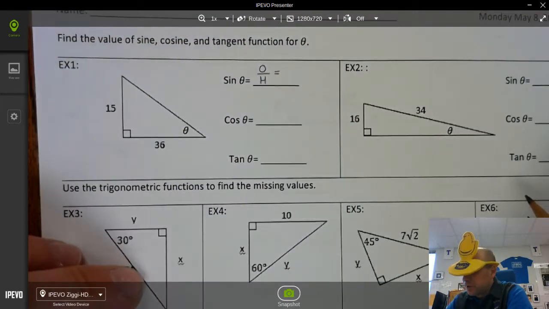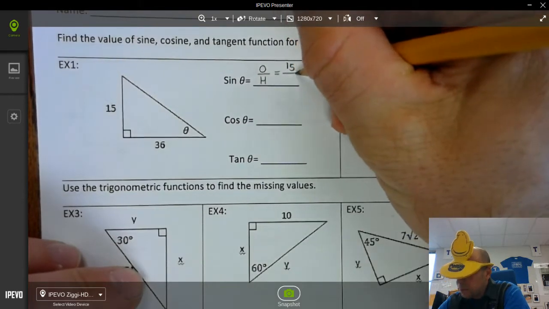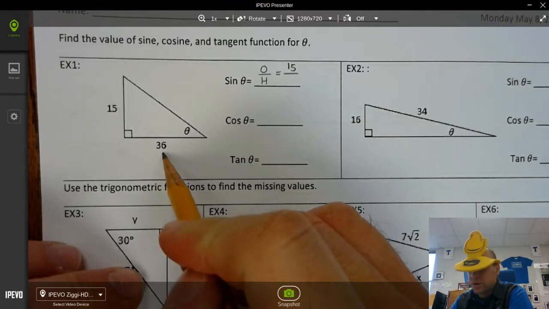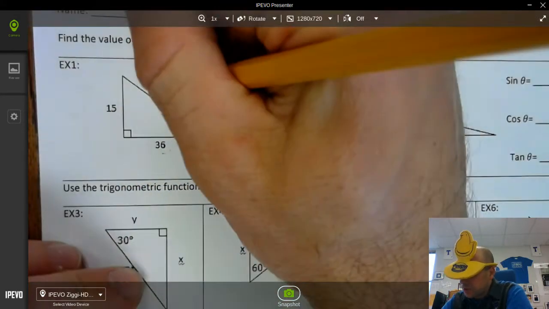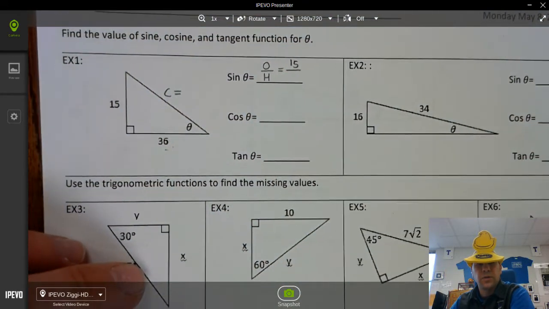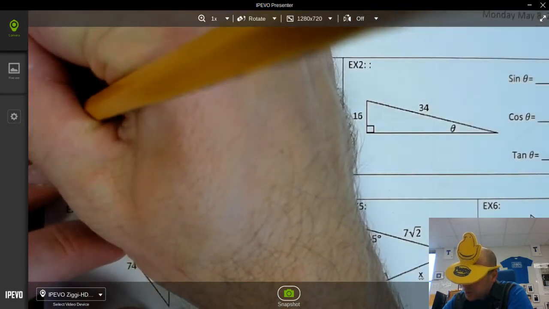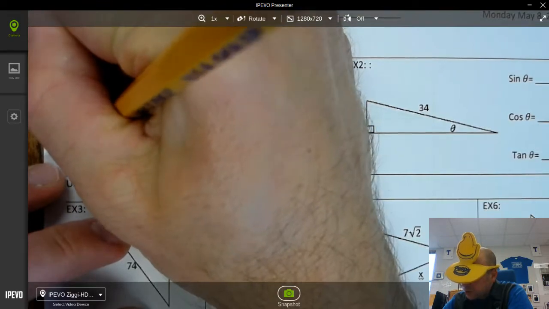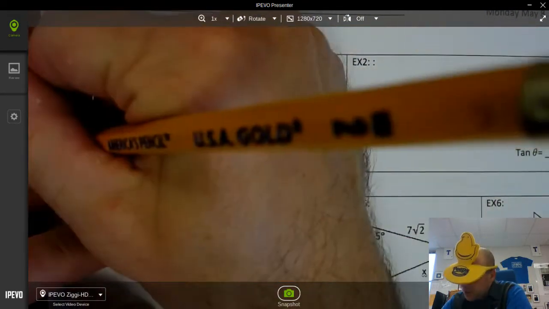Okay, so the opposite is 15 divided by, we don't know the hypotenuse, but we know that this is a right triangle, so we can use the Pythagorean theorem. So we know 15 squared plus 36 squared is equal to c squared. Take the square root of both sides.